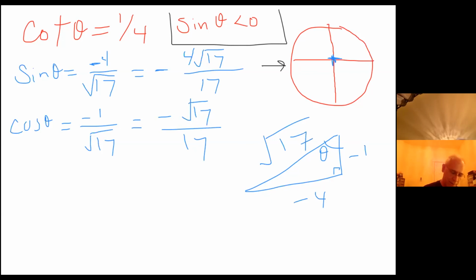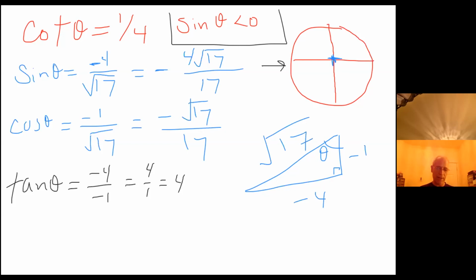Tangent of theta, which is opposite over adjacent, -4 over -1, the negatives cancel out, which gives me 4. We also knew that tangent is 1 over cotangent, so I really didn't have to do any work for that one. Let's do cosecant of theta.